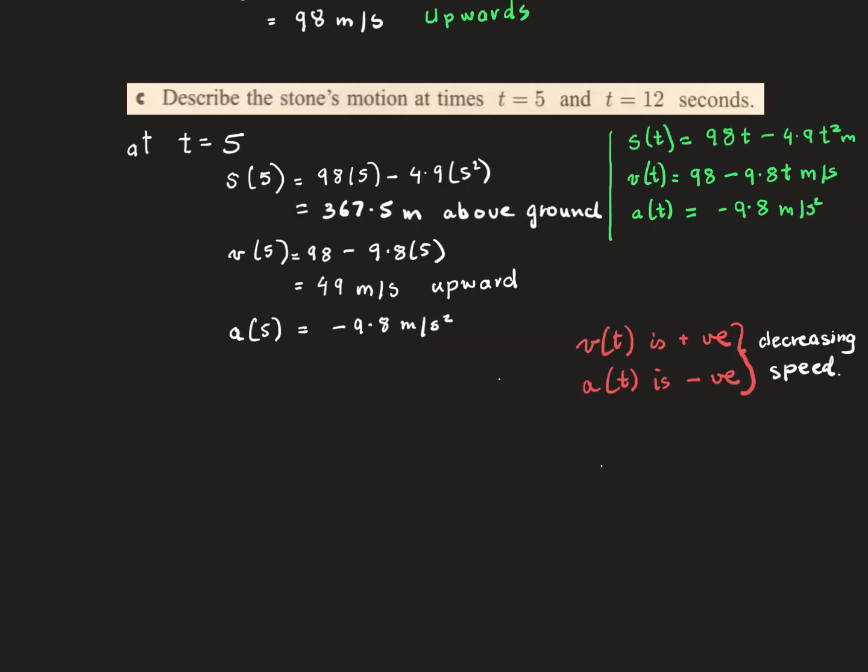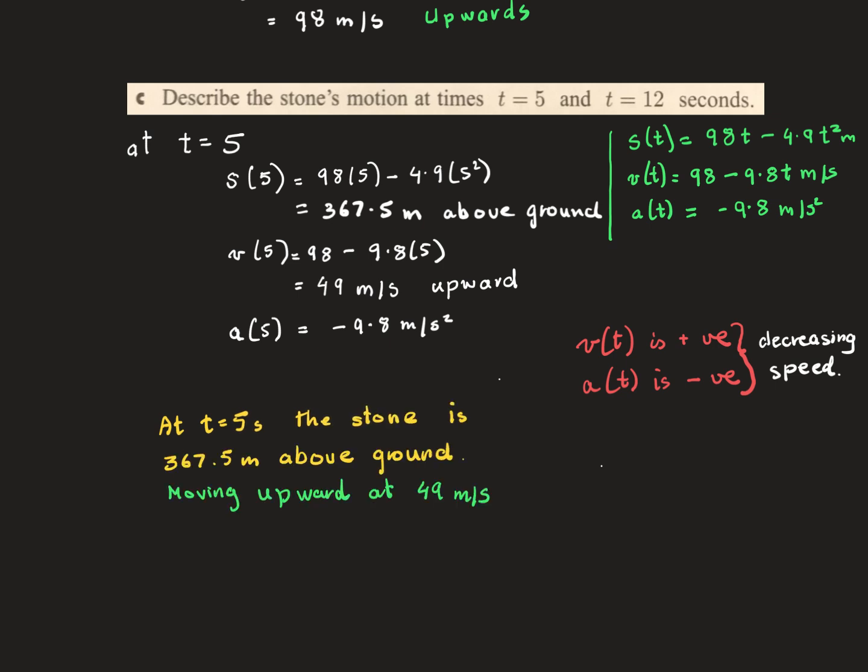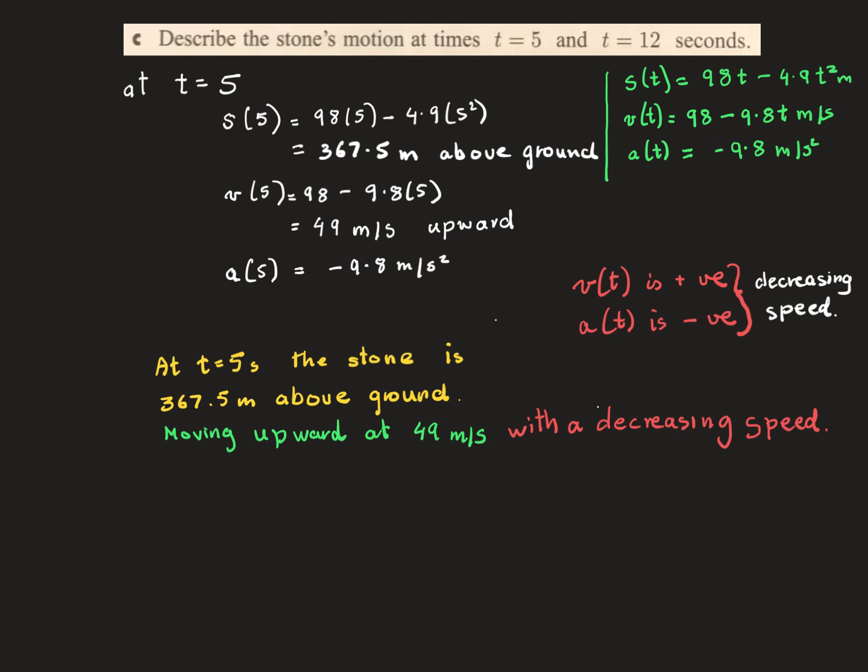Now the calculations are done, but we need to describe this. So we will do this by saying at time equal to 5 seconds, the stone is 367.5 meters above ground, and it's moving upward at 49 meters per second with a decreasing speed.